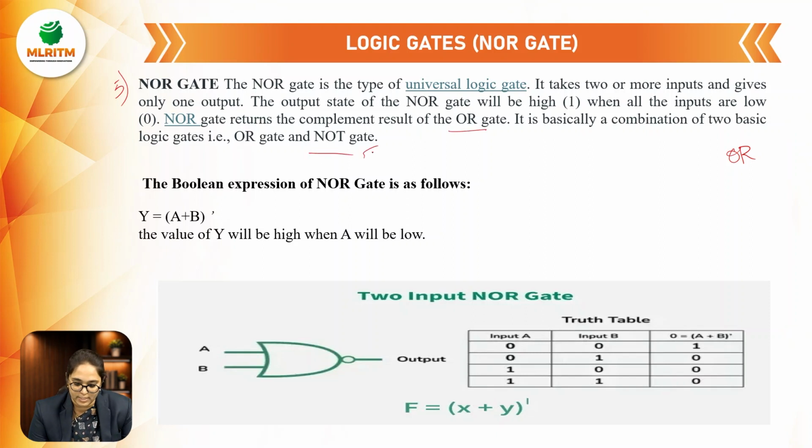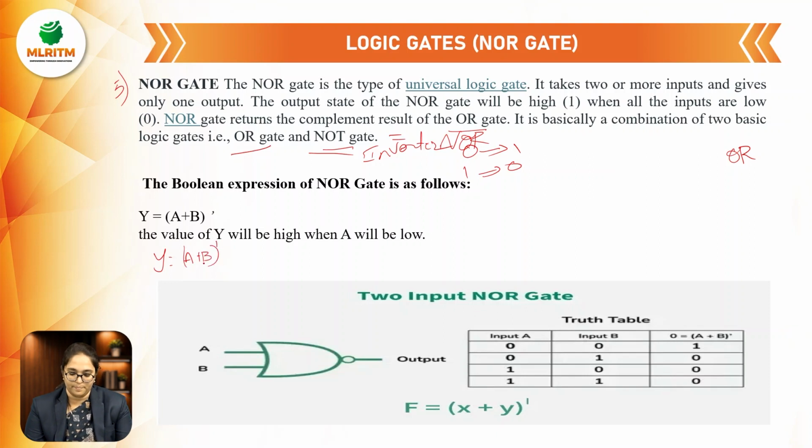The NOT gate is an inverter gate: if the input value is 0, it results in 1, and if it is 1, it results in 0. So we combine OR and NOT, and we generate a NOR gate. The Boolean expression of this is y equals a plus b, whole bar.